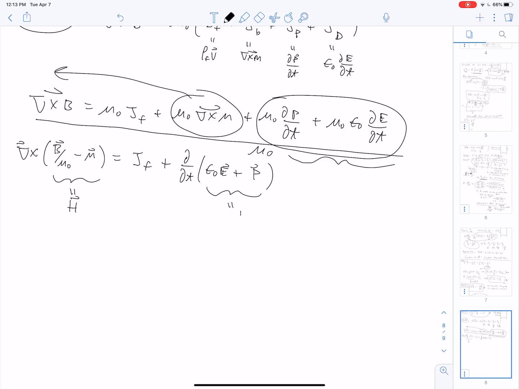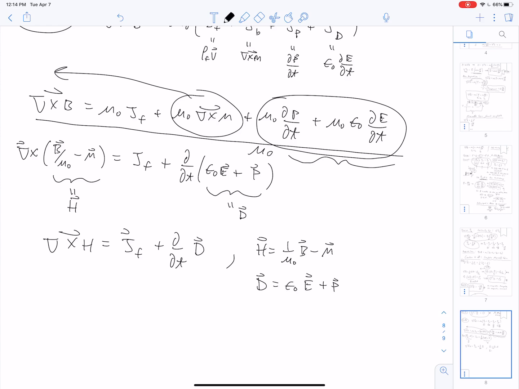That's otherwise known as D, the vector field D. And so that means that we have del cross H equals J free plus dD/dt, where H is equal to 1 over mu naught B minus M, and D is equal to epsilon naught E plus P. And so this then is our final Maxwell's equation.